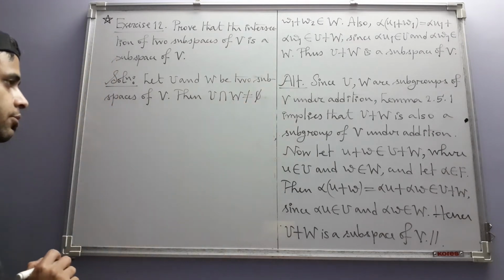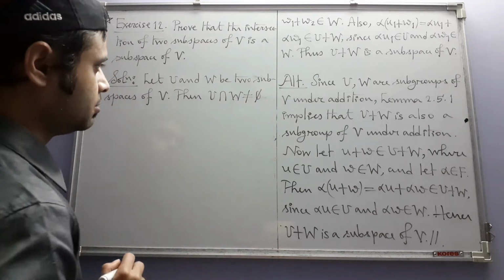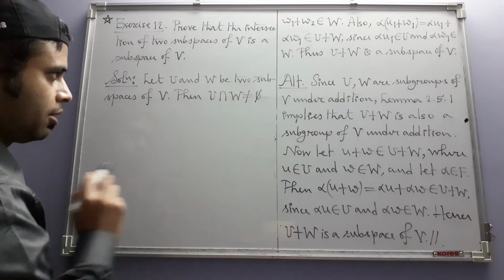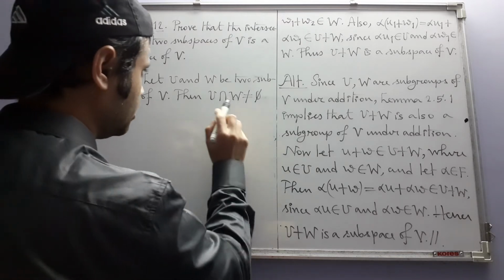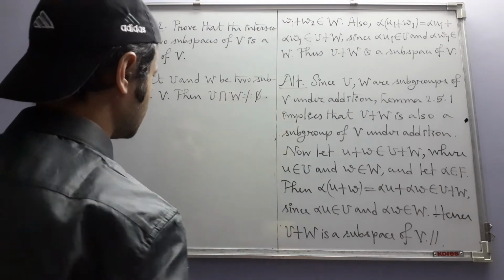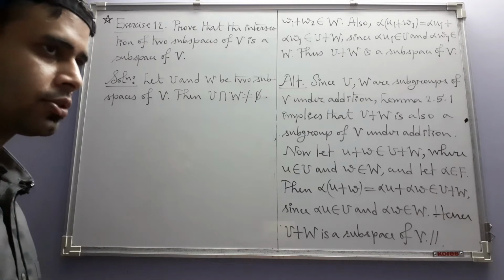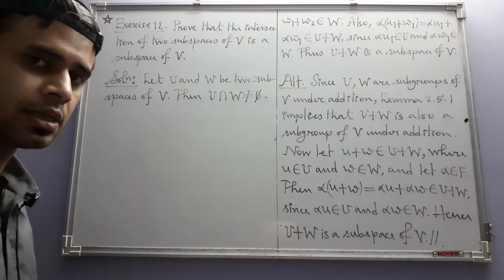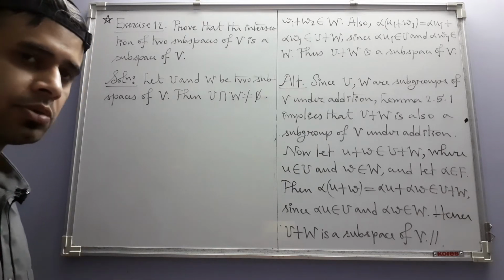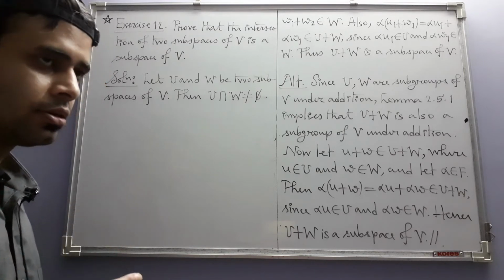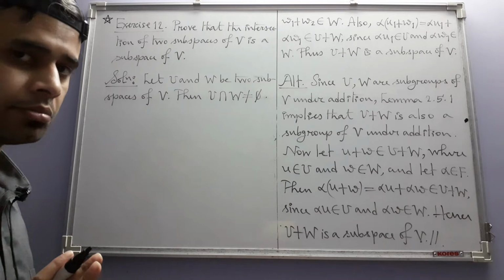We are not even going to mention why it's non-empty, because you already know that the 0 vector belongs to both of them. So that's why it belongs to the intersection, and that's why it's non-empty. Always, before showing that a system is a subgroup of some group, or a subring of some ring, or a subspace of a vector space, make sure that the set is non-empty.